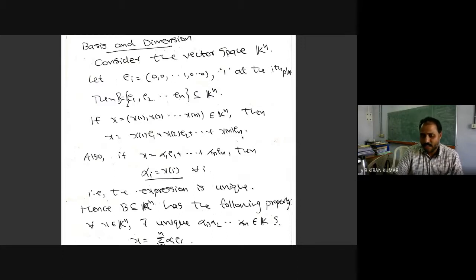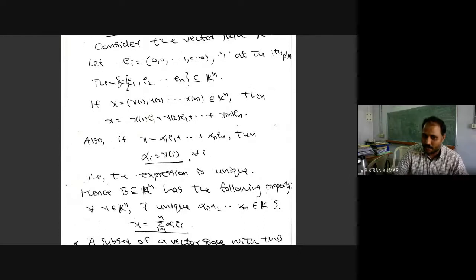And this is unique also, because if you write x as some other linear combination, I mean using some other coefficients, say arbitrary coefficients, alpha 1 E1 plus etc. plus alpha n En, you can prove that each alpha i will be equal to xi. Okay? So that means every element in K^n, you can write it as a unique linear combination of E1, E2, etc., En. Okay? Such a subset is called a basis.